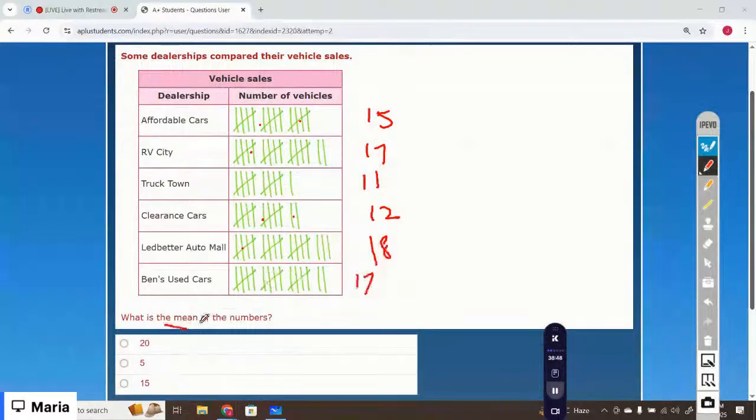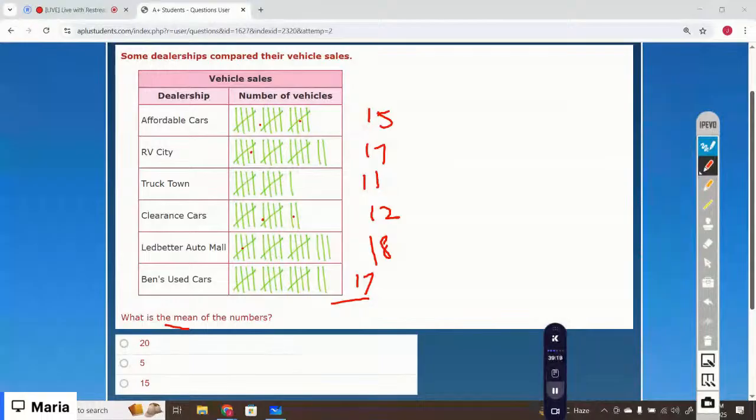Calculate the mean. So just add them all. The sum is 15 plus 17, 11 plus 12 plus 14 plus 1.